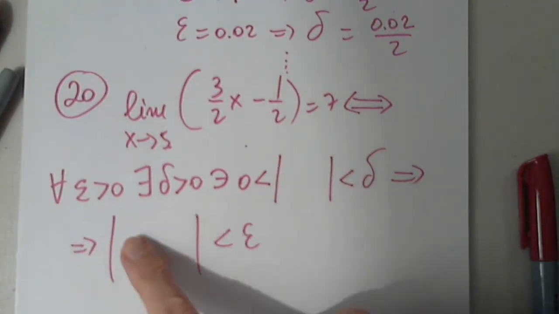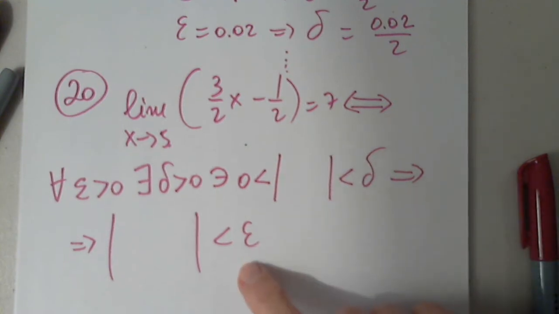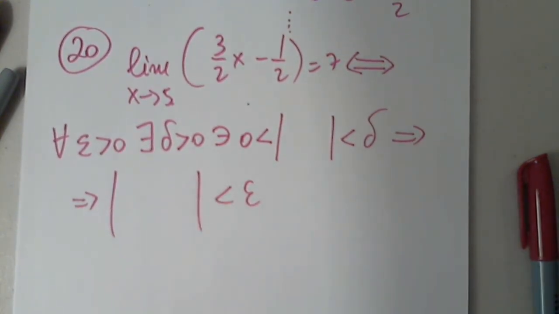Okay, ready? What do I have here? What do I have here? Anyone? X minus 5.